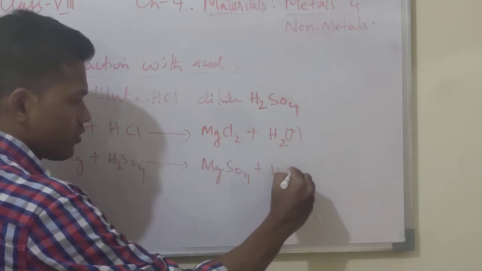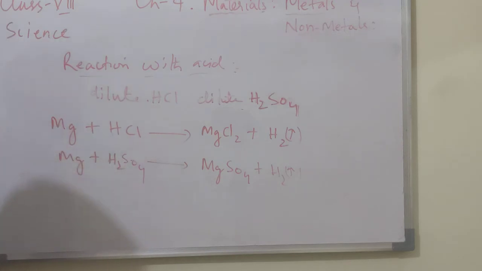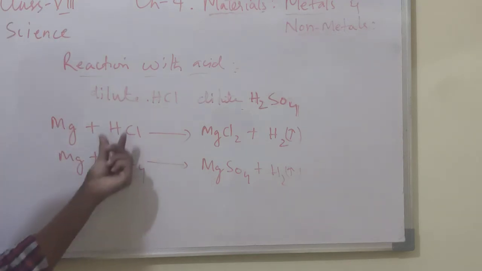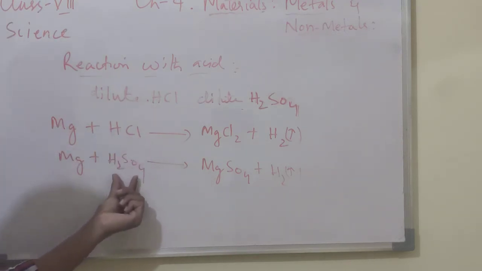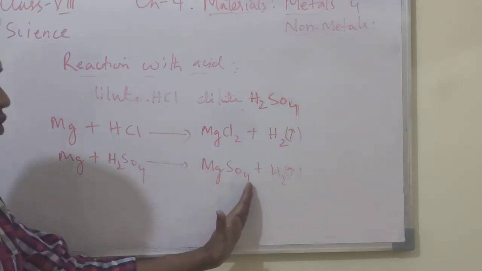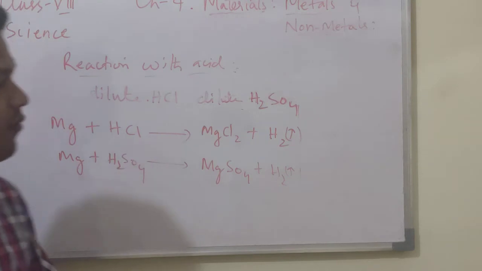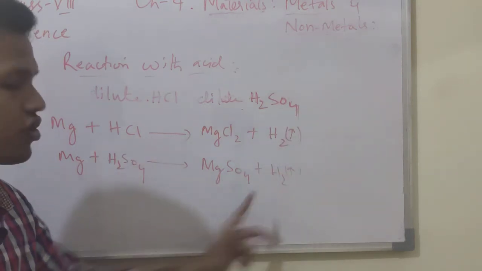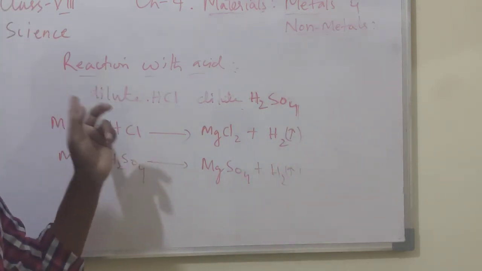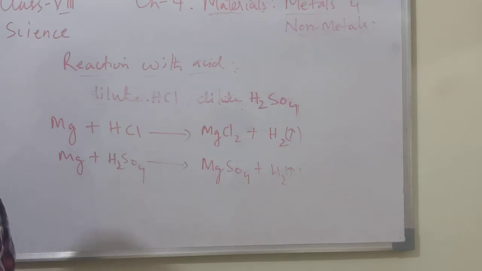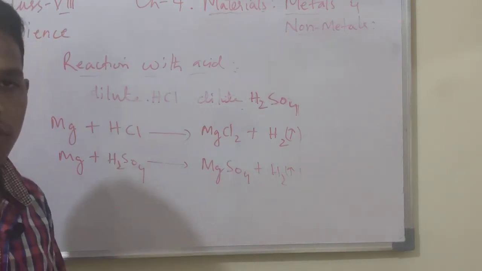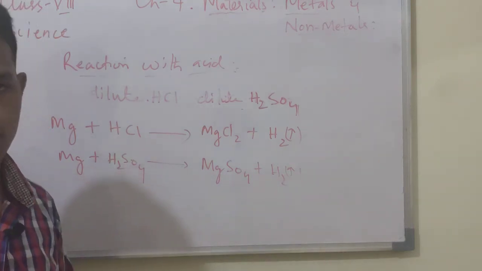Here also hydrogen gas is produced with a bubble sound. So if you react magnesium with hydrochloric acid, or with sulfuric acid, hydrogen gas is produced along with the salt. Hydrogen gas is released when a metal reacts with acid. This hydrogen gas is colorless.